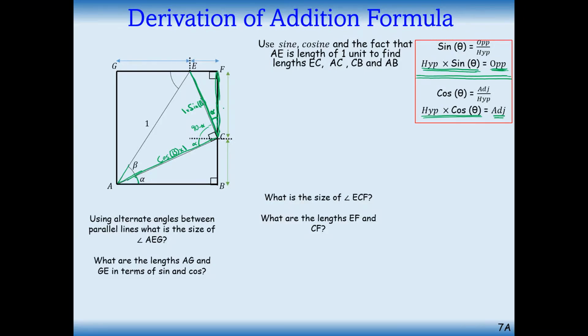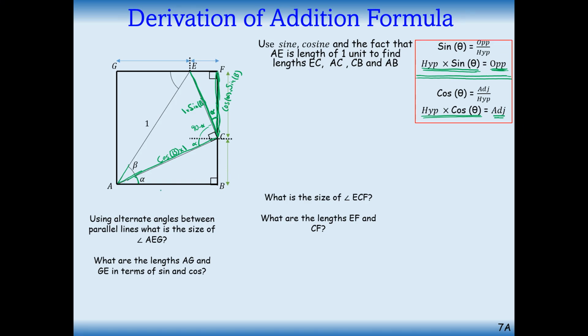We multiply cos alpha with the hypotenuse, which is simply sine beta. Sine beta is the hypotenuse, and we multiply it by cos alpha. So that's the length C to F.